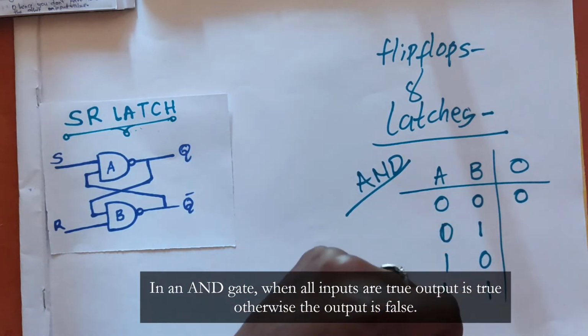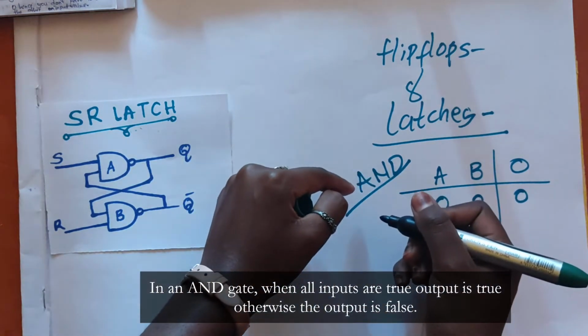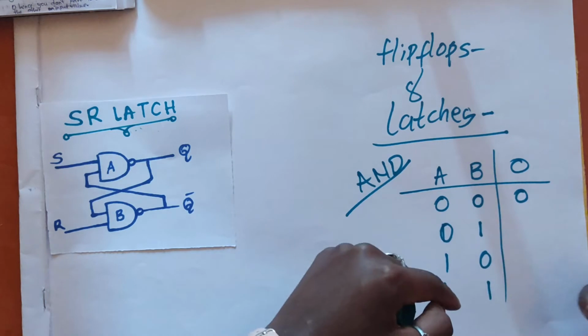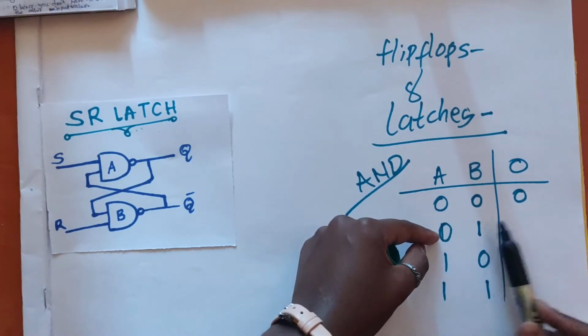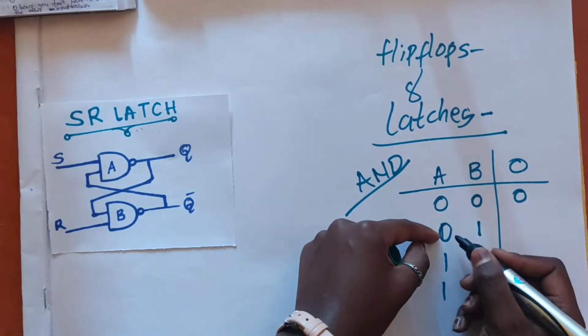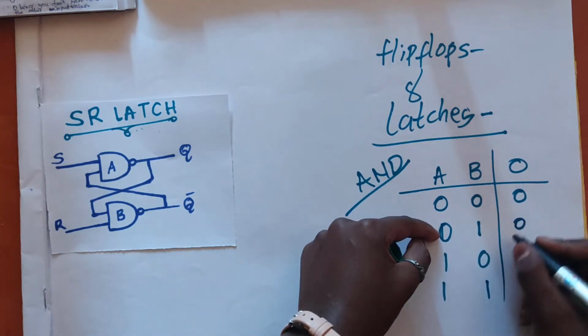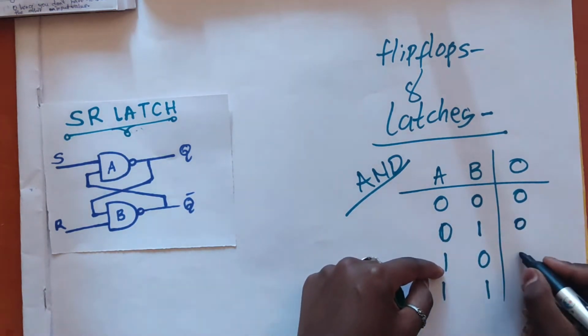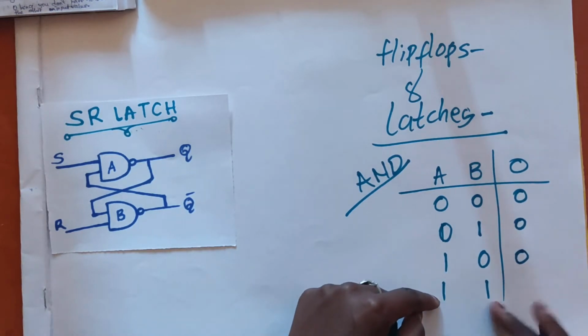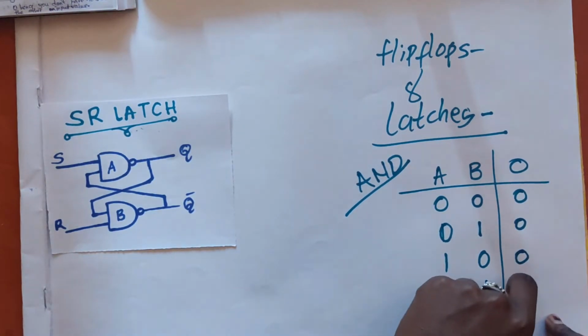When we have both as on, that's when the AND gate is on. This is on, this is off, so off and on, this is off. Off, on and off, this is off. Both are on and this is on. This is in an AND gate.